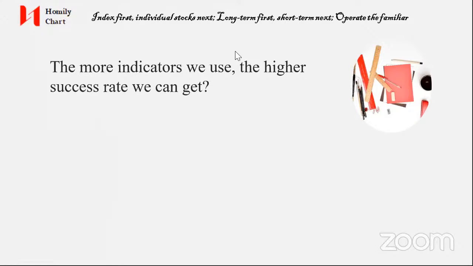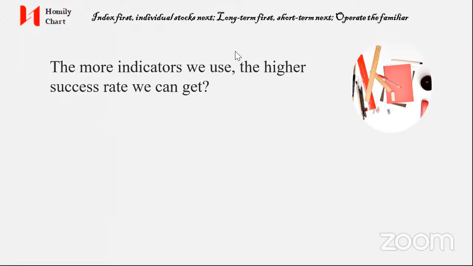Then I always tell them, you know, we should do the right thing at the right timing. So currently, as a new member who doesn't know much about the Homily software, you better learn the basics first. It's not the stage to pursue the very sophisticated indicators.